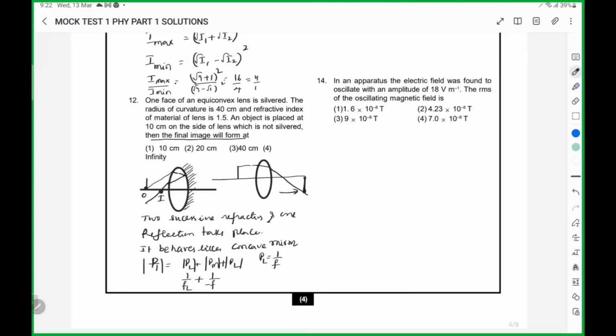So we write: power of the lens is positive as it is, 2 by Fl, minus 1 by Fm. And finally, the effective combination behaves like a concave mirror.